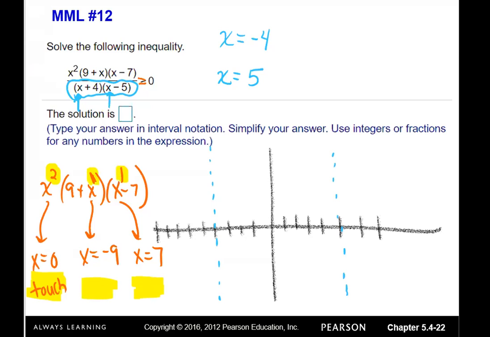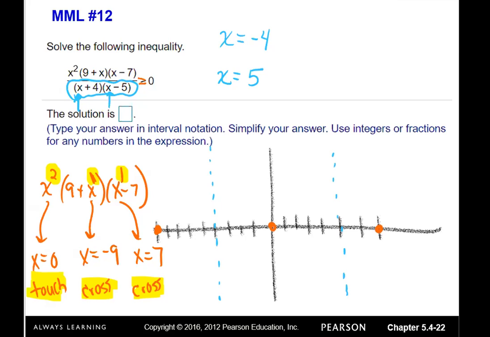So when it's odd, you're going to cross. Okay, so I know that there's going to be a 0 at -9, 0, and 7. And it will touch at 0. It'll cross at -9 and 7.